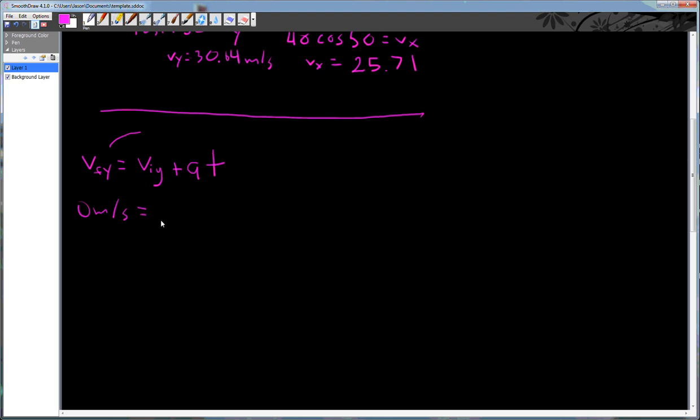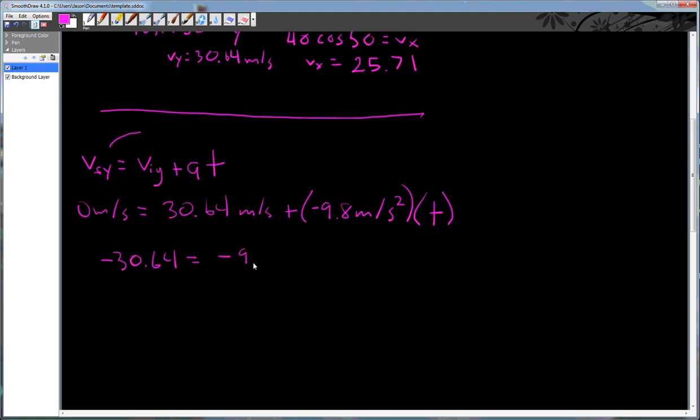So 0 equals 30.64 meters per second plus negative 9.8 meters per second squared times t, which we do not know and are solving for. I'm going to subtract 30.64 and get negative 9.8 times t.